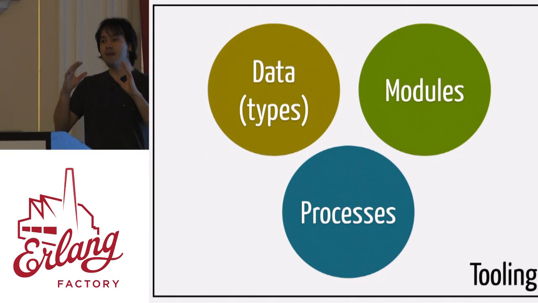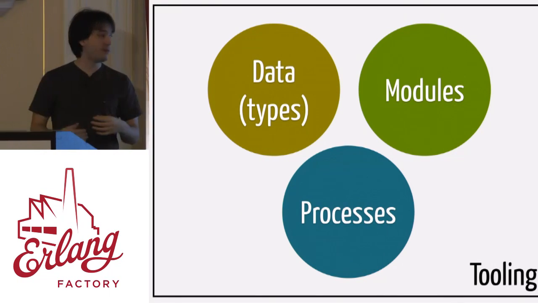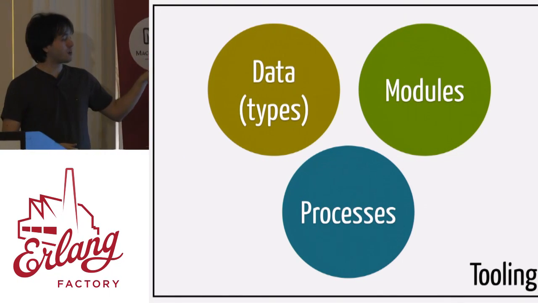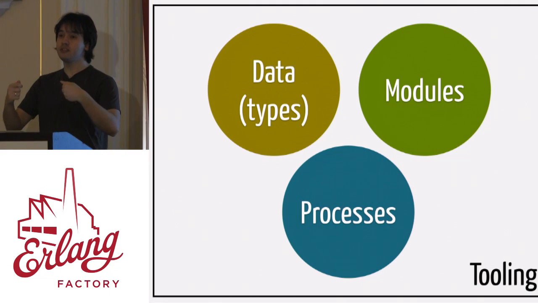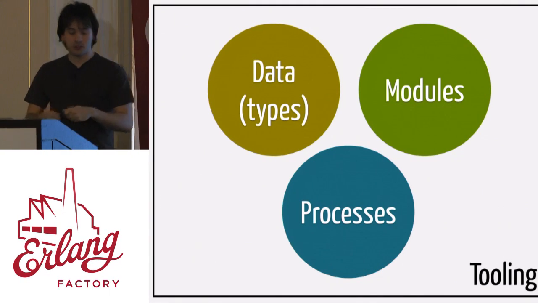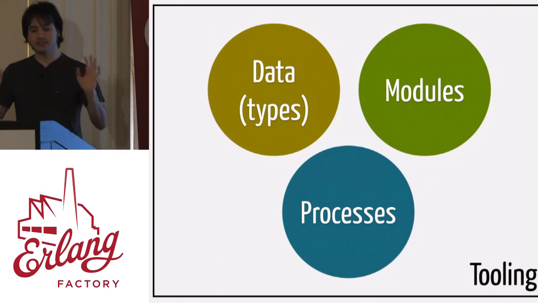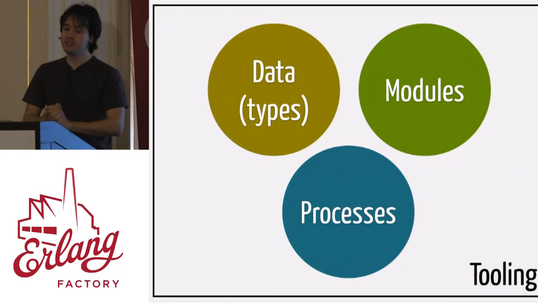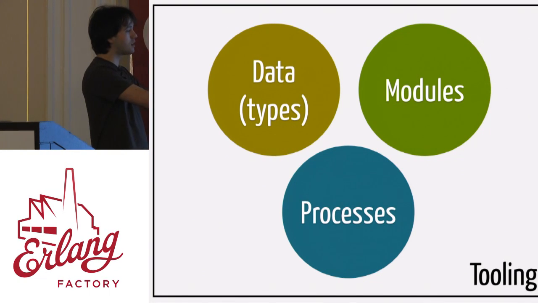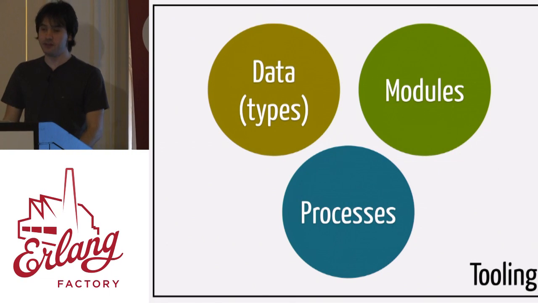They are the main entity that runs our code. The OTP team puts a lot of effort in ensuring the processes are efficient. They are also our abstraction for concurrency, okay? And for distribution, that's where the message passing is happening. So we have a lot of instrumentation in there. They are definitely the main star of the show. Okay, and I don't think anybody here would disagree with that.